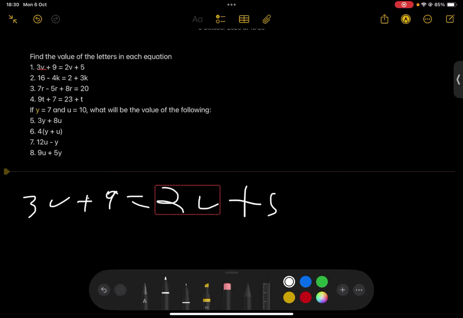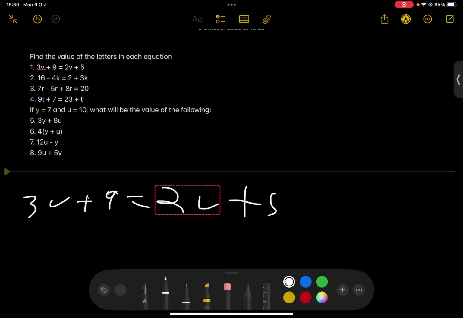Okay, so v, you could equally work it out, and as you're working it out, you could explain, say your steps. That way I'll still be able to follow you as we go along. So what I'm trying to find out is what I can times 3 by, and I can times 2 by, so that when I add that 9, it will be equivalent to when I add the 5 to that 2v.